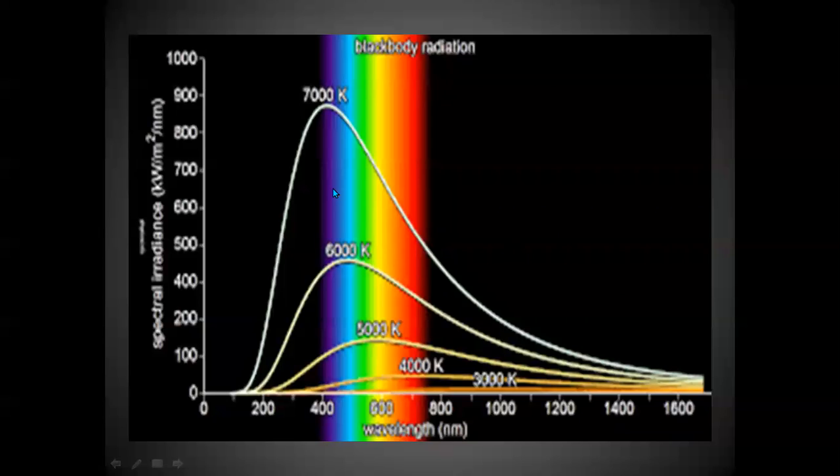On the left side of the violet color, we have ultraviolet, X-rays and gamma rays, whose energy is much higher than the visible region. Whereas this is the red region or red color. Beyond this we have infrared, far infrared, microwaves, radio waves, etc., whose energy is less than this visible region. And the visible region starts from this point to this point.